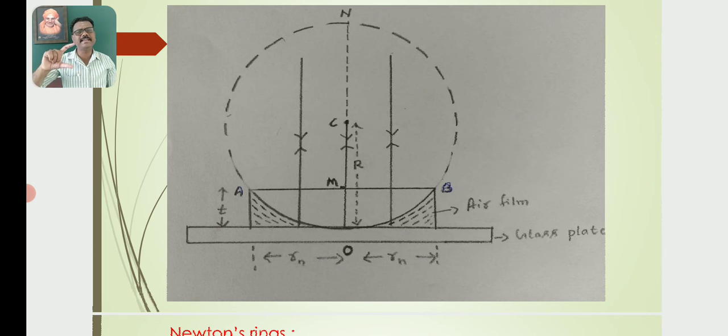Let t be the thickness of the air film at the edge of the lens. Let A be the upper surface of the plano-convex lens. Draw an imaginary circle with respect to the plano-convex lens, where capital R indicates the radius of curvature. Let C be the center of the imaginary circle.